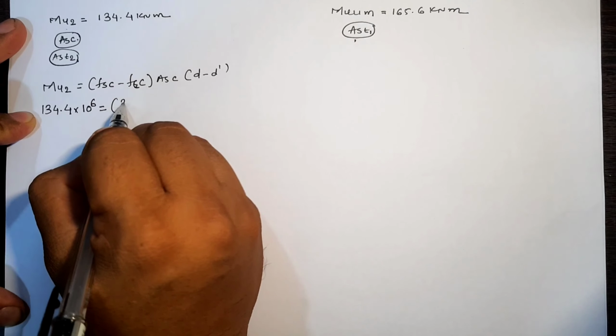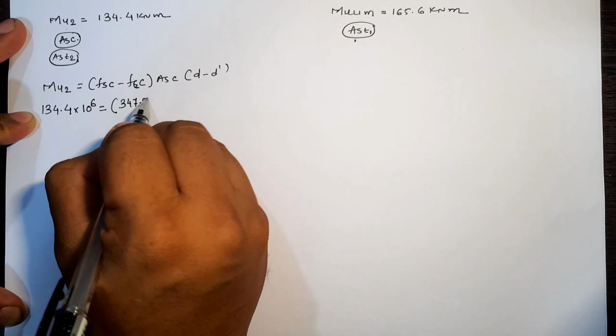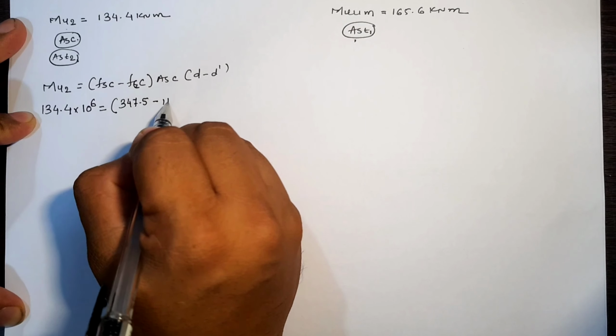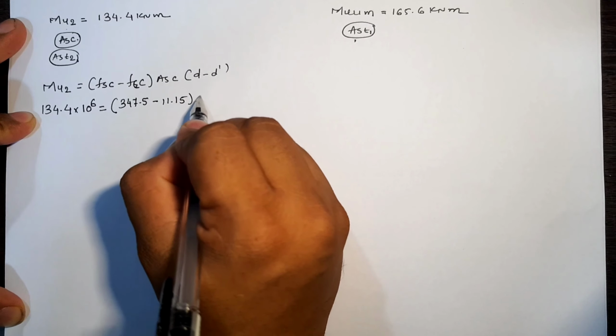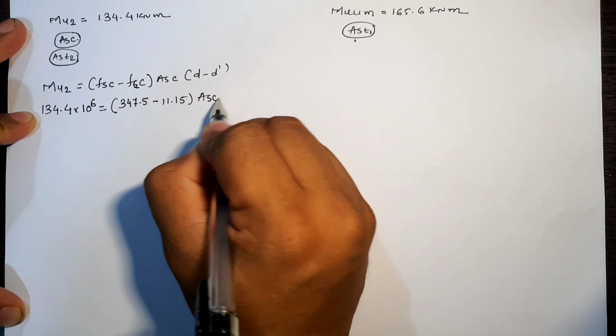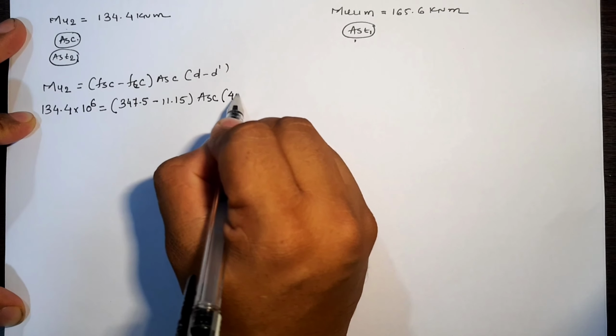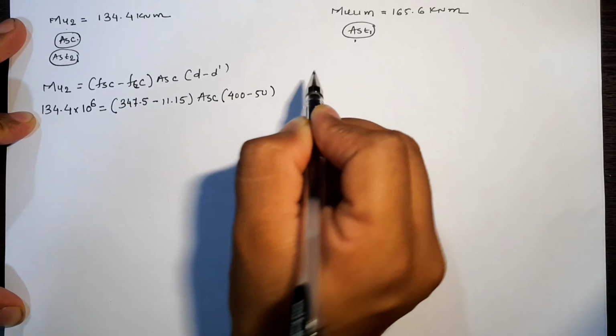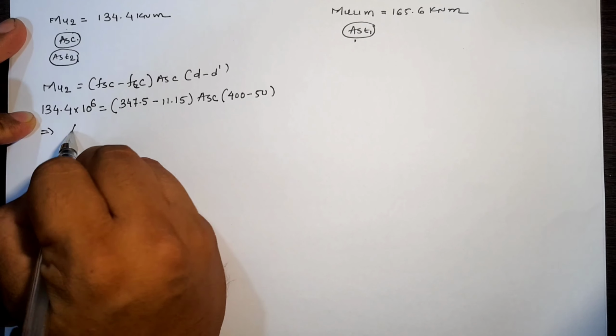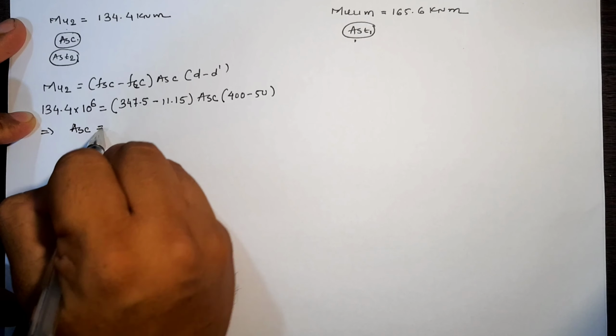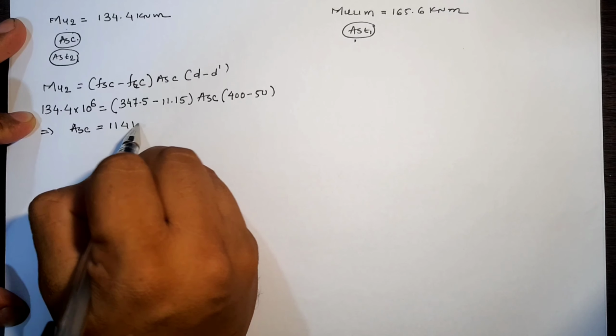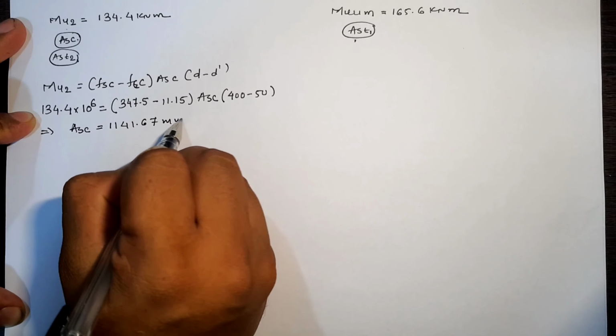Fsc is calculated as 347.5, fcc is calculated as 11.15, Asc is unknown, d is given as 400 and d dash is given as 50. By calculating these terms, we have Asc equal to 1141.67 mm square.